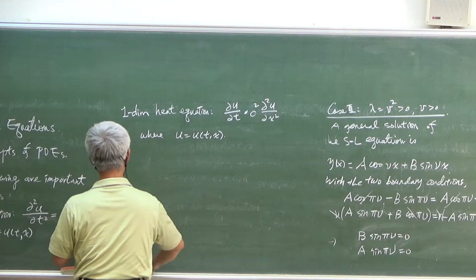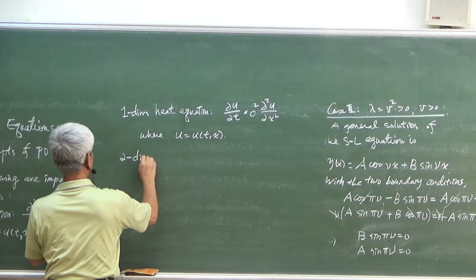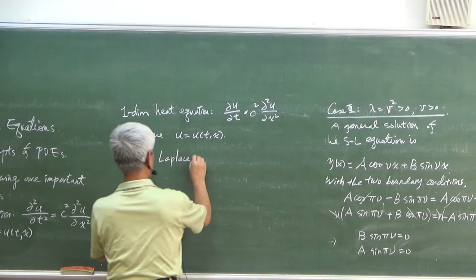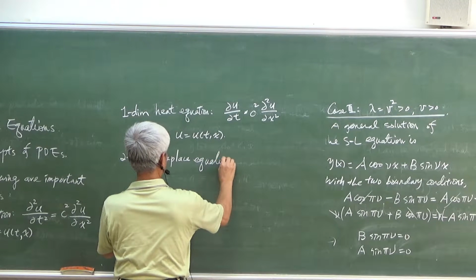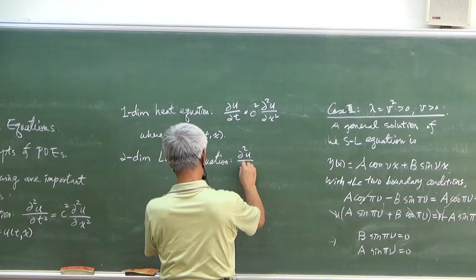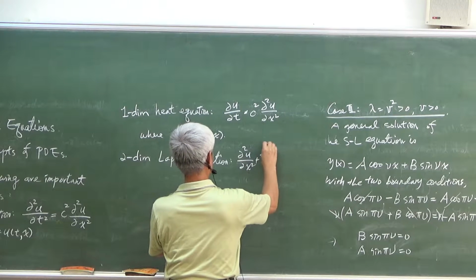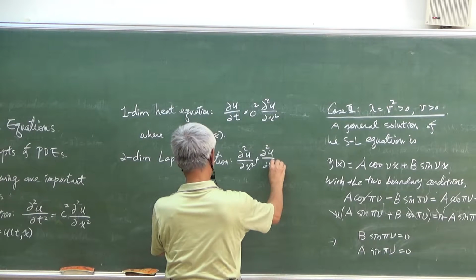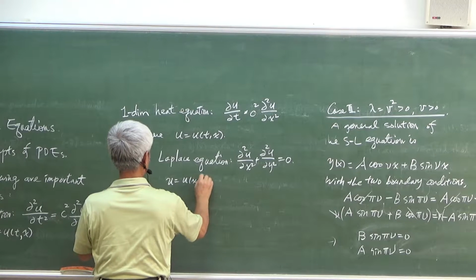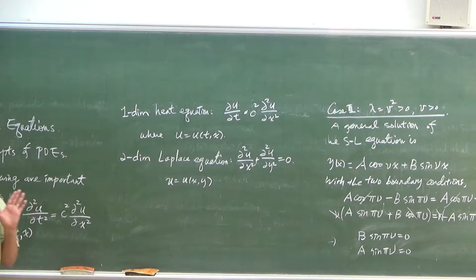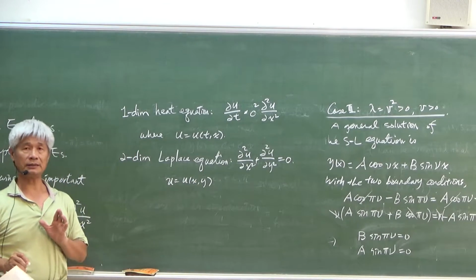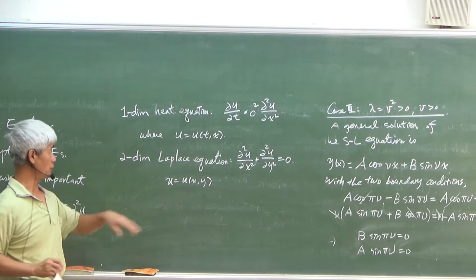All right? The third one is the two-dimensional Laplace equation, where the function u has two independent spatial variables x and y.